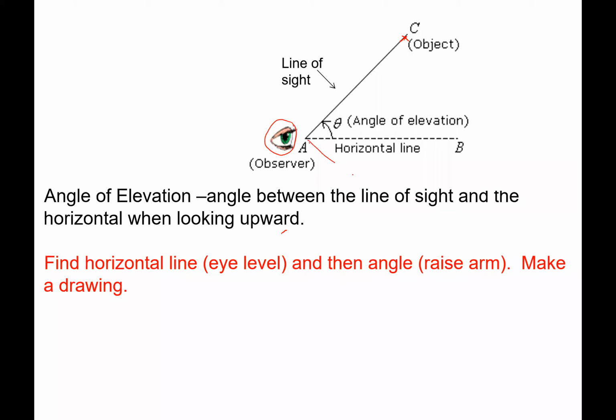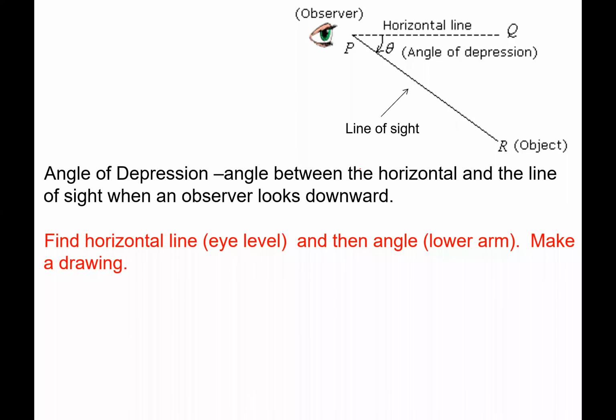The angle of depression will be between the horizontal and the point if he looks at the point down. If he looks downward, this angle is called the angle of depression, between the horizontal line and the line of sight.